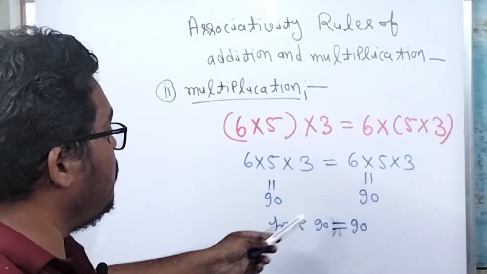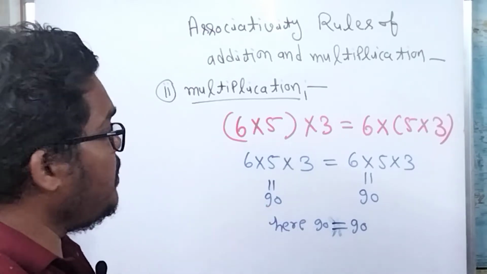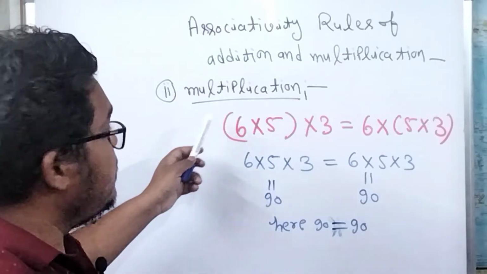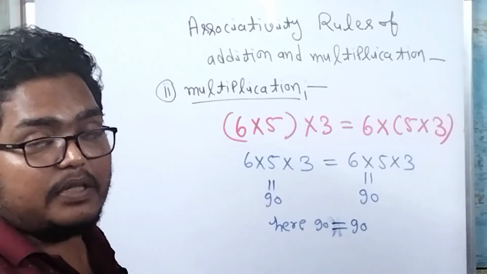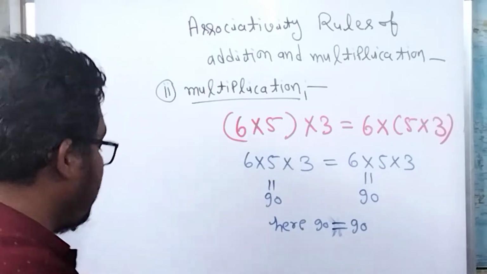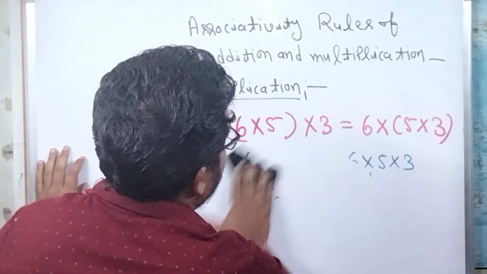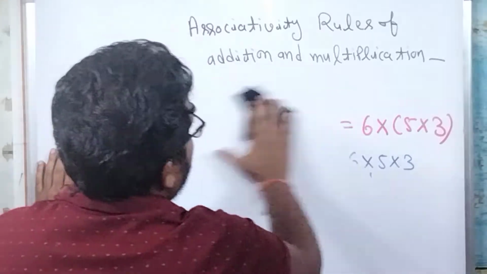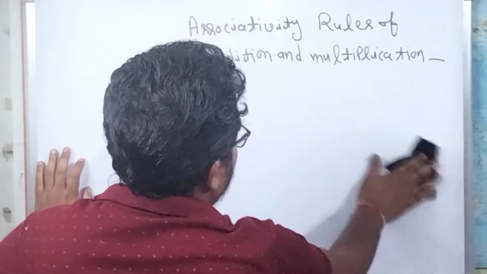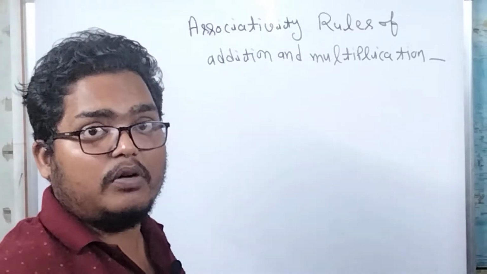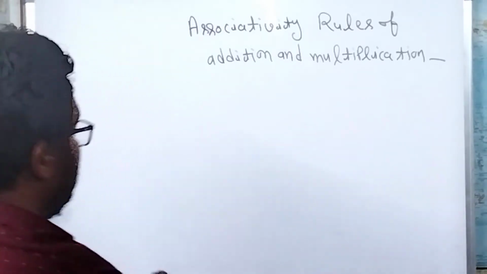the associativity rule of multiplication is followed in multiplication. But here we also know that the associativity rule is not followed in subtraction and division. We see some examples of subtraction and division, and why the associativity rule is not followed.